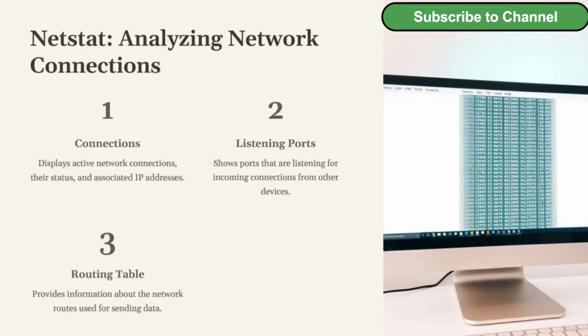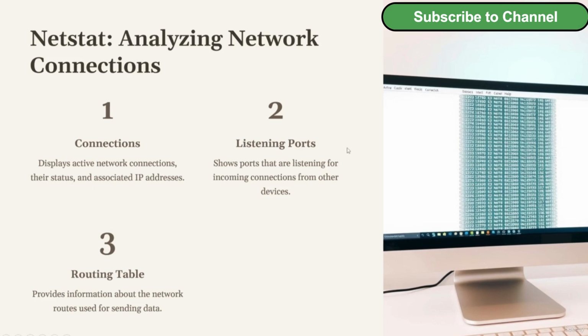The next one is netstat, analyzing the network connection. Netstat is used for analyzing the network connection. The first part is connection, the second is listening port, and the third is the routing table. Connection displays the active network connections, their status and associated IP addresses.